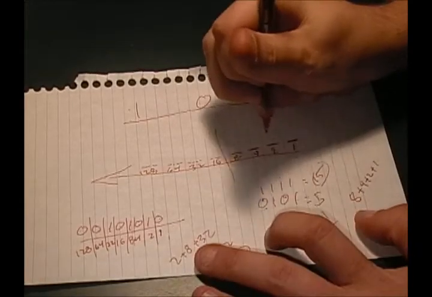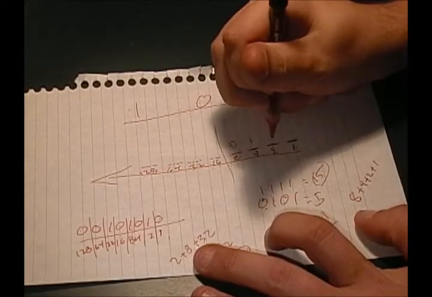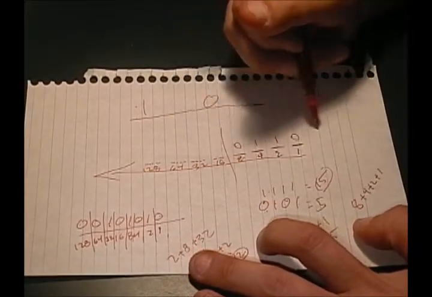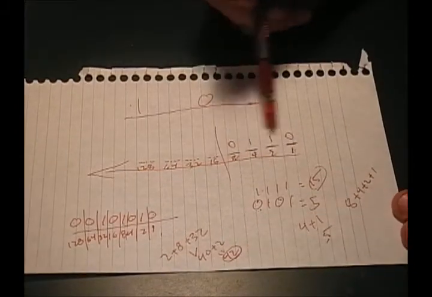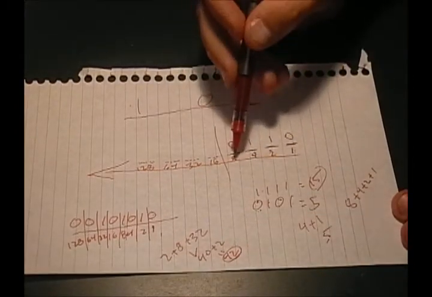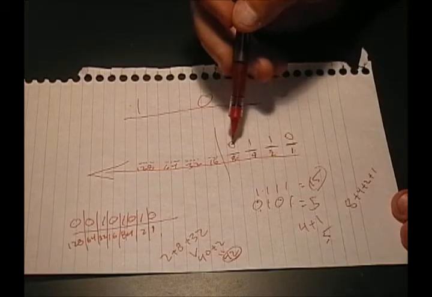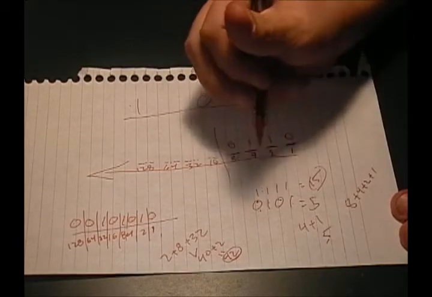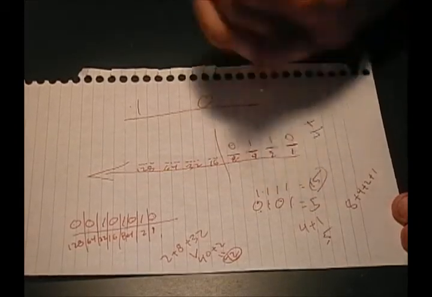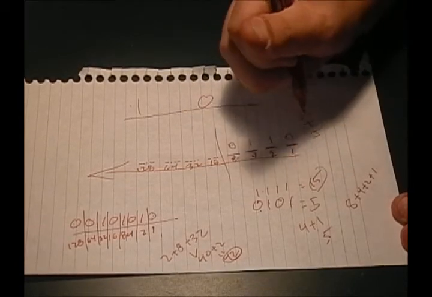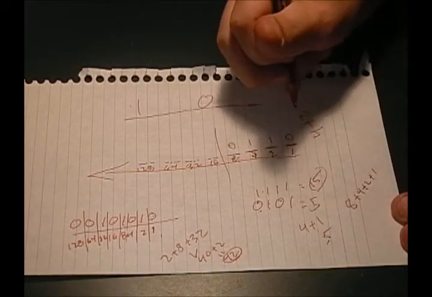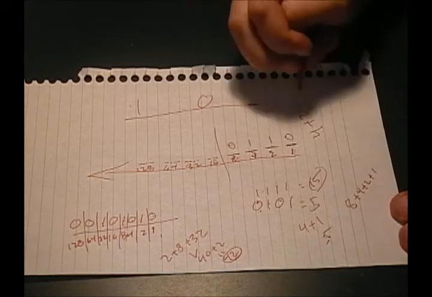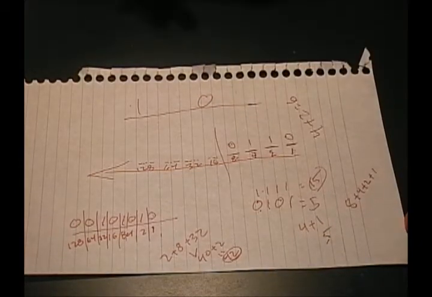If you have 1, 0, 1, 0, let's say that's the binary number you have to resolve, well, there's not going to be an 8 because there's a 0 there. The 4 is turned on, the 2 is turned on, and the 1 is not turned on, so you have 4 plus 2, which is 6. It's that easy.